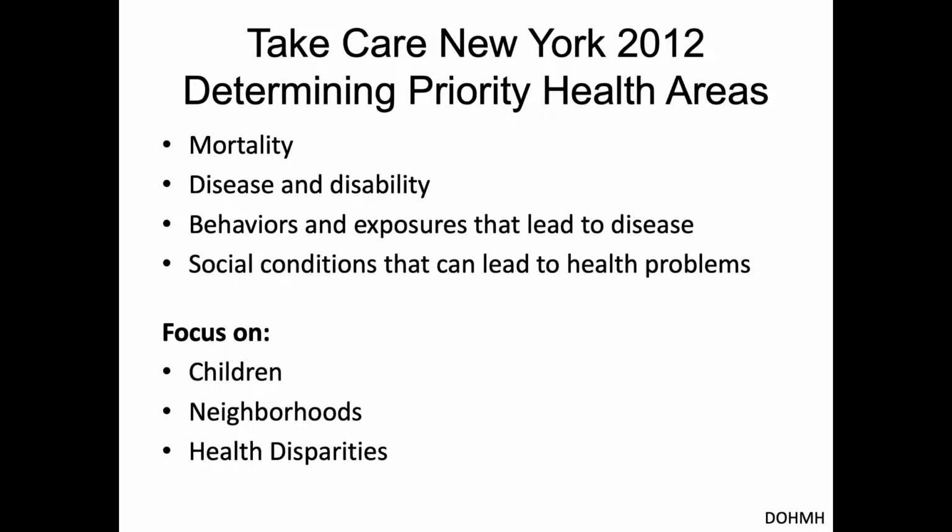And priority areas were mortality, disease and disability, behaviors and exposures that lead to disease, and social conditions that can lead to health problems. And there was a focus on children, neighborhoods, and health disparities.